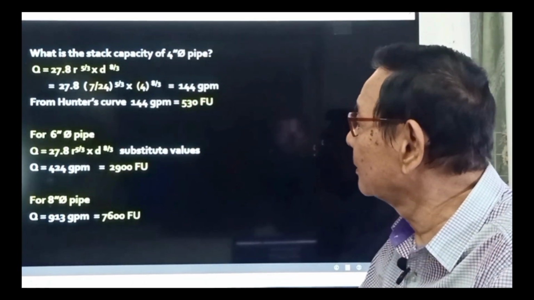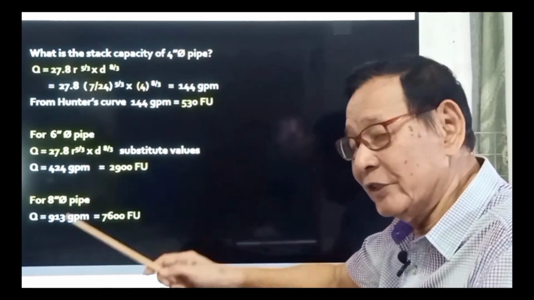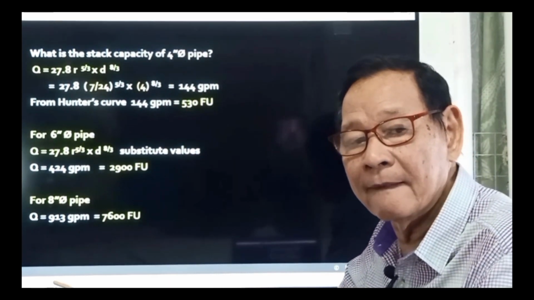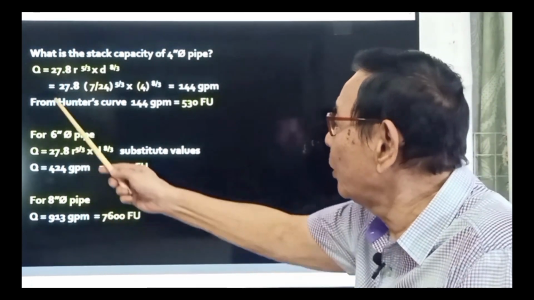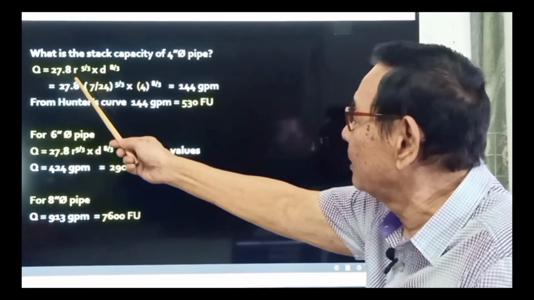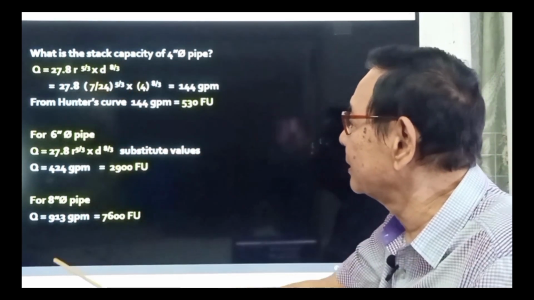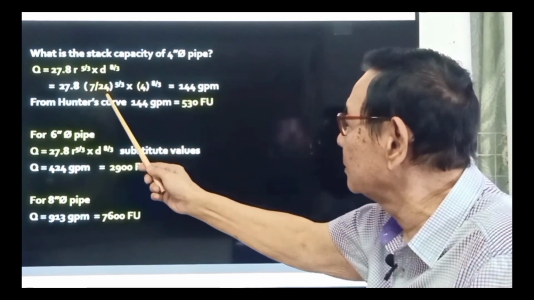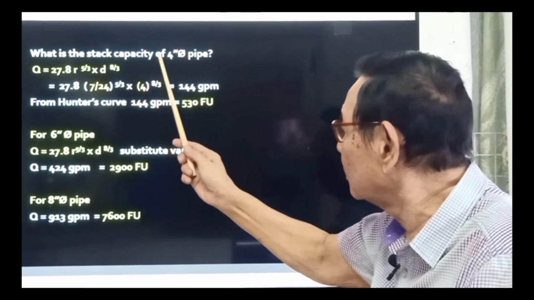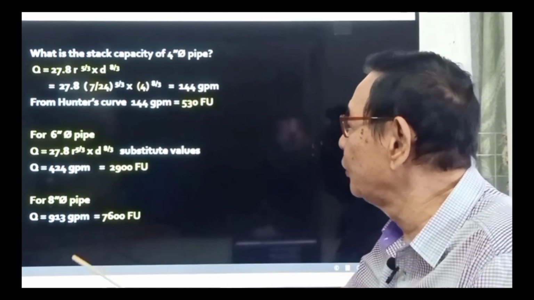For example, what is the stack capacity of a 4 inches pipe? From the equation, Q is equal to 27.8 R raised to the power 5 times D raised to the power 8 over 3, our stack capacity is 724 raised to the power 5 over 3 times 4 raised to the power 8 over 3, which is 144 GPM.